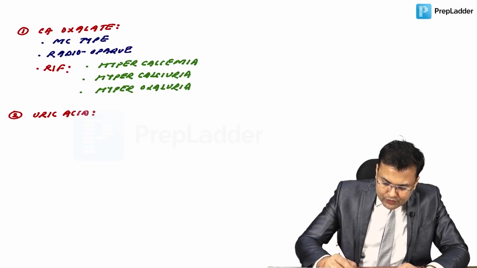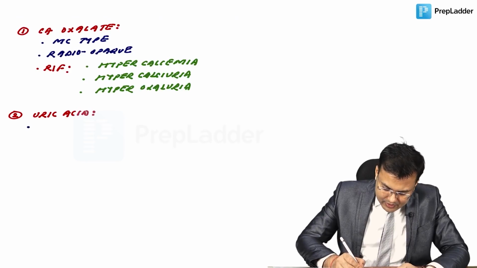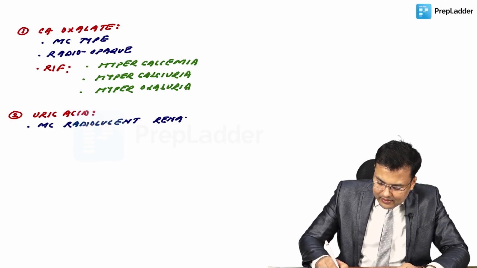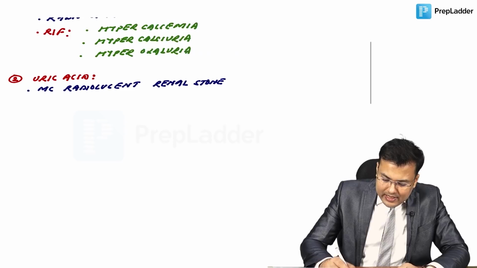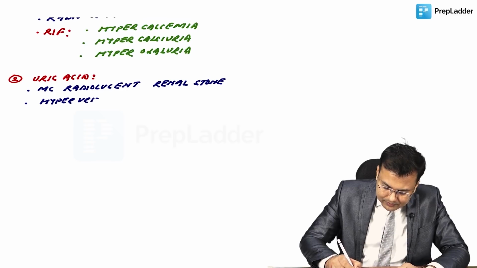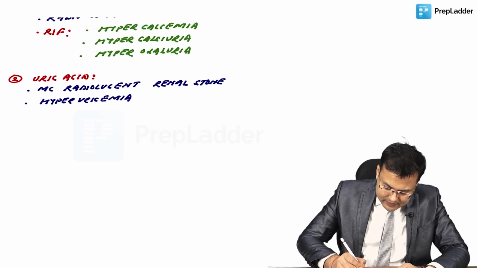So the second is uric acid stone. The first important point is that this is the most common radiolucent renal stone, and it is seen in patients who are having hyperuricemia. Simple. So what are the risk factors?